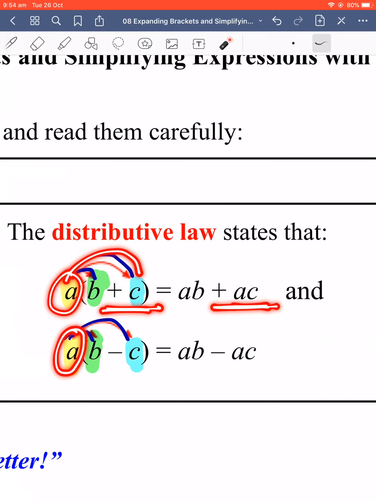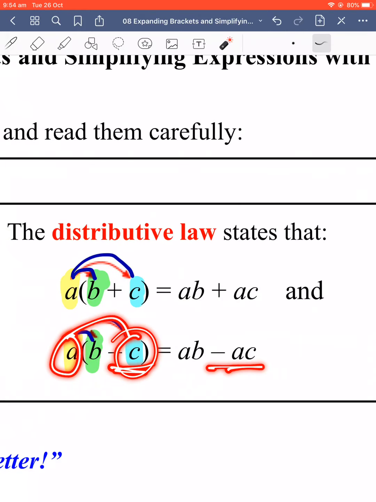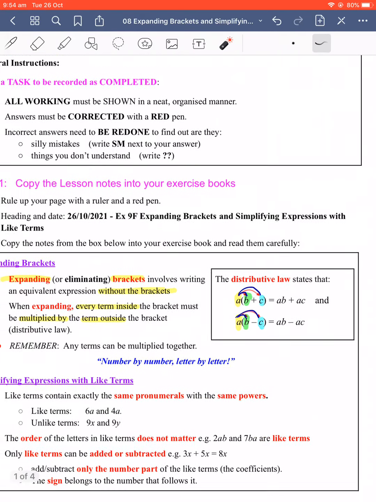Similarly, A multiplied by B gives me AB, and A multiplied by minus C gives me minus AC. Just be mindful of any operation, plus or minus, in front of anything in the brackets. It applies to that specific number or letter or combination.